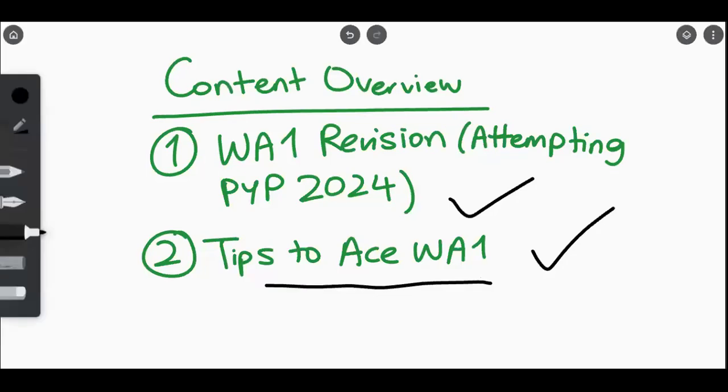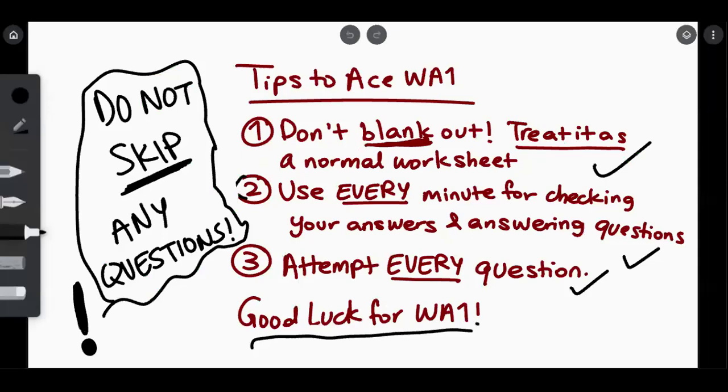Now I'm going to give you some tips on how you should excel in your WA1. Firstly, always don't blank out. This one I highly emphasize to even my primary 6, I also teach primary 6.